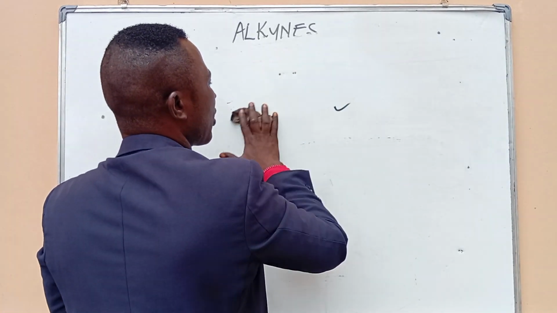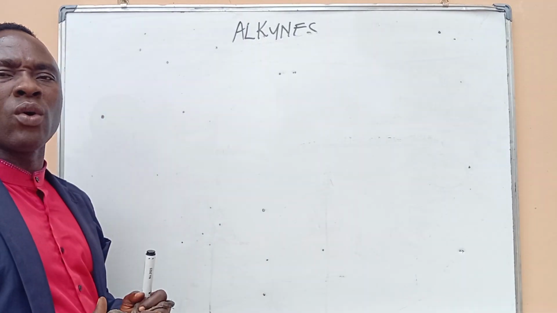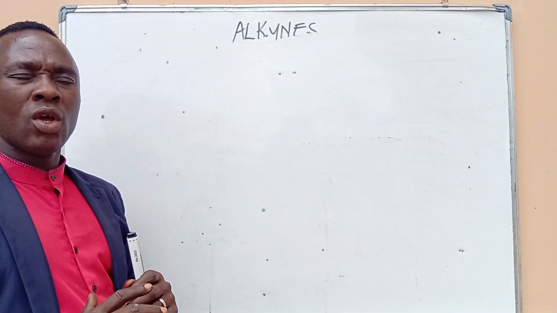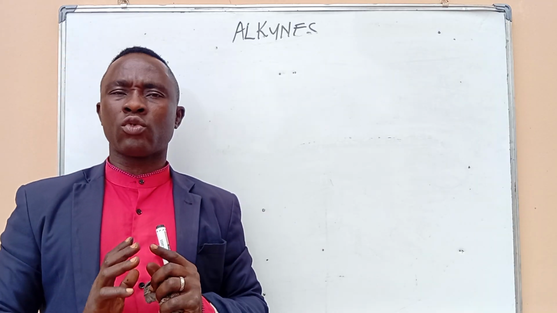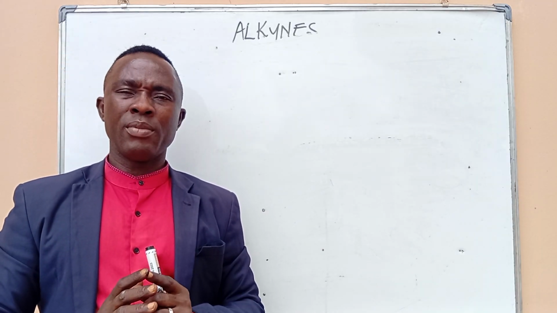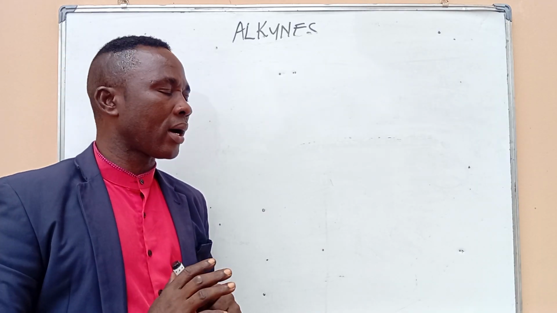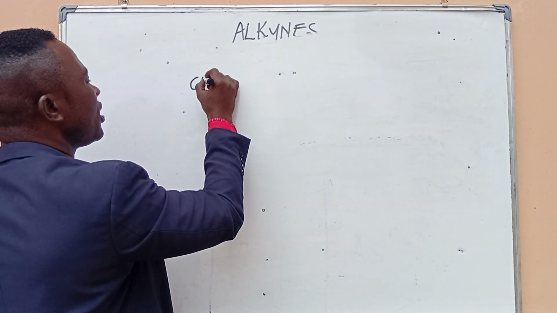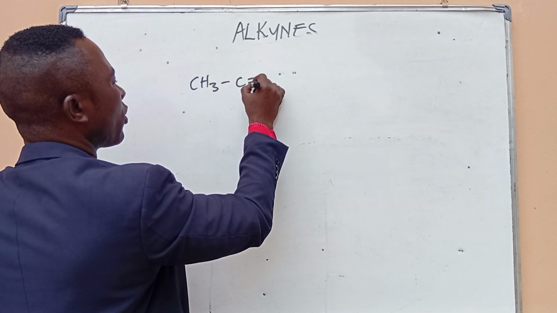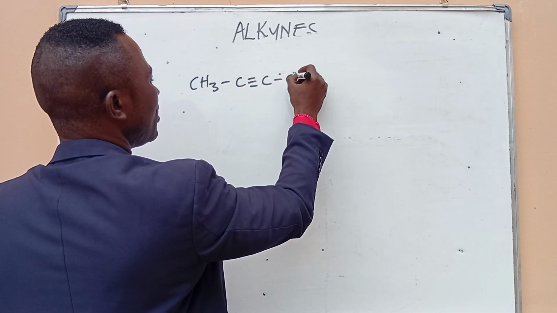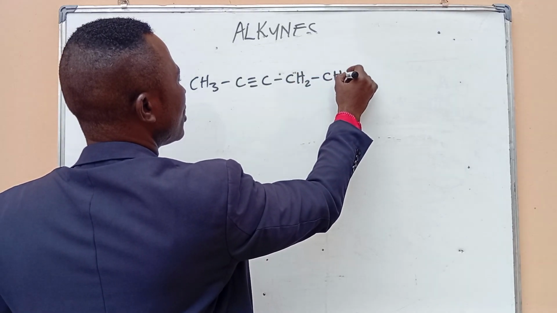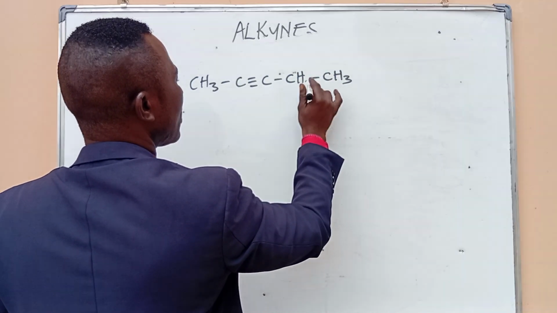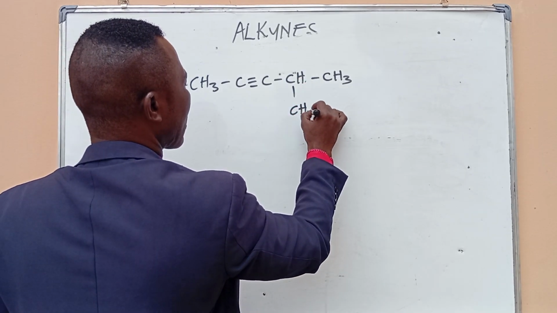Then our rule number 3 is when we have a substituent. When we have a substituent, we need to name the substituent first, before naming the parent compound. So when we have CH3, C triple bond C, CH2, CH3, and let's say we have CH3 here.